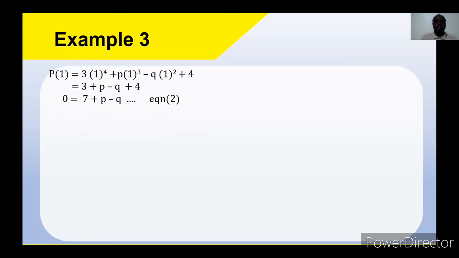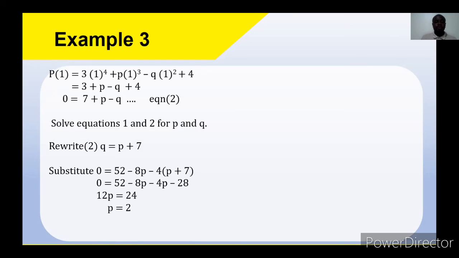What should we do next? Simple. We have two equations, so we can now solve for p and q. The first thing that we did was to write q in terms of p. This makes it easier to solve for p. After doing some algebraic manipulation, we arrived at the fact that p is equal to 2.